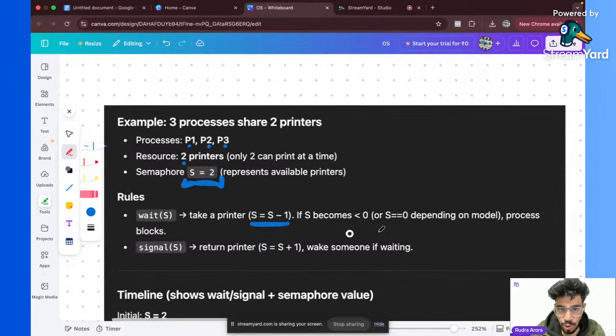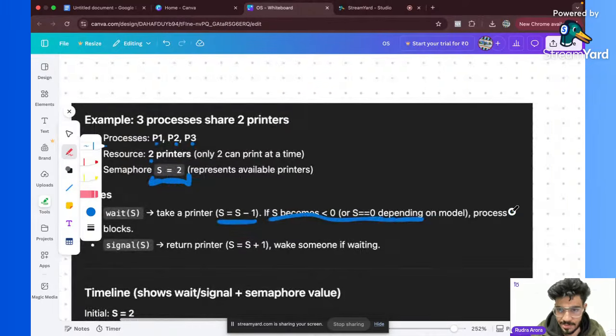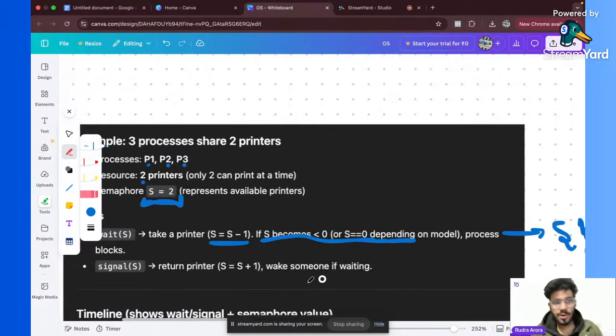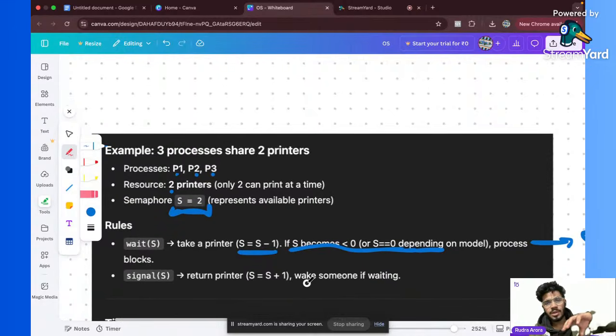If S becomes less than or equal to 0, the process is kept in a trapped position, or you can say it will be blocked. Before entering the critical section, every process will call wait, because then only it will get to know whether resources are available or not.